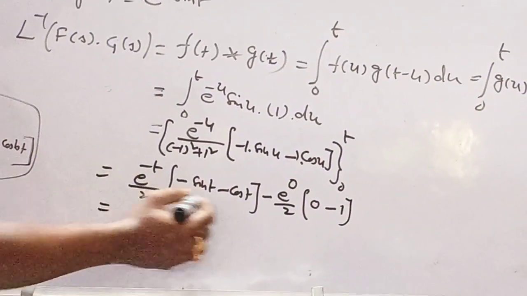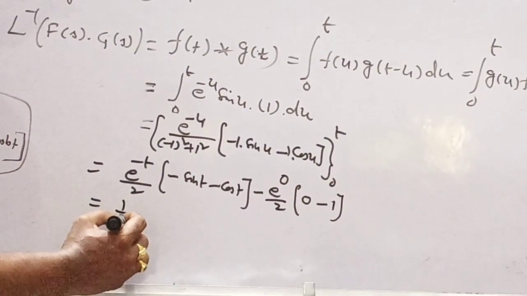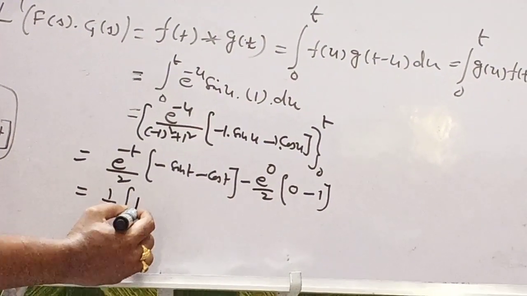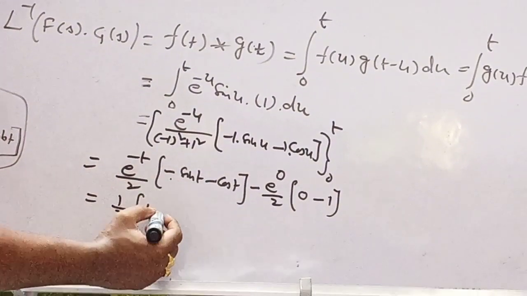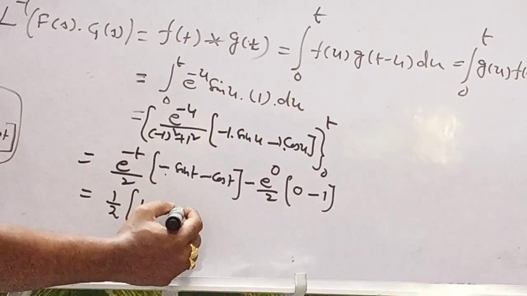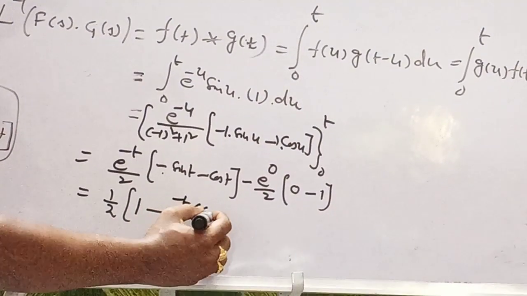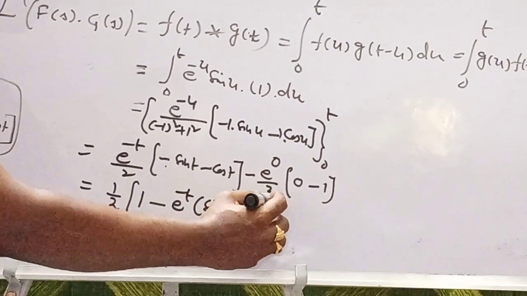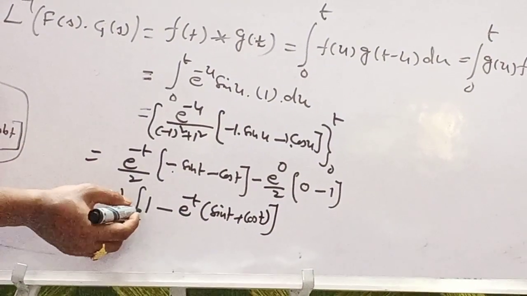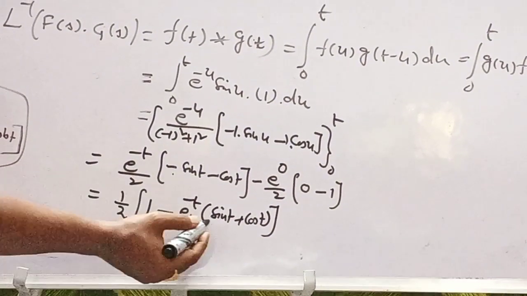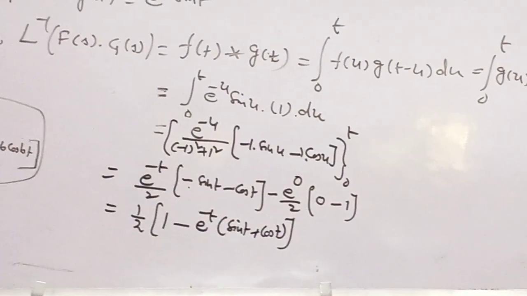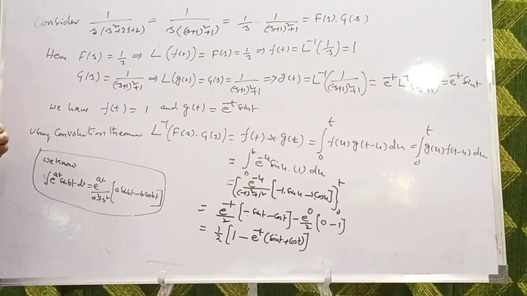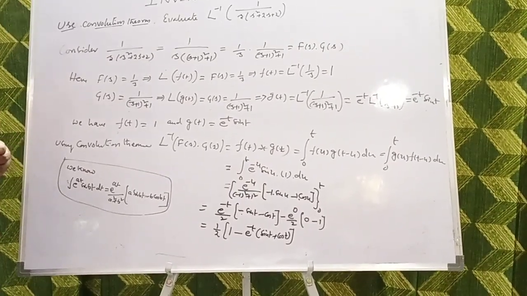Taking 1 by 2 common, and taking minus as common, we get e to the power of minus t into sin t plus cos t. So 1 by 2 into 1 minus e power minus t into sin t plus cos t is the required inverse Laplace transformation of 1 by s into s square plus 2s plus 2.